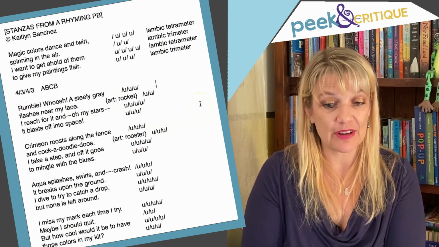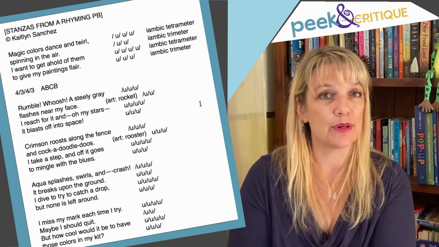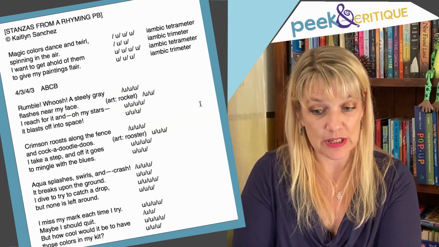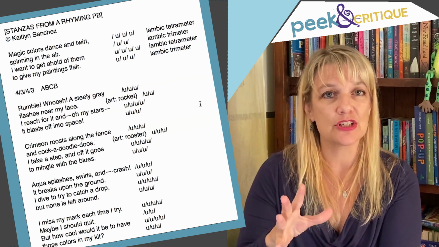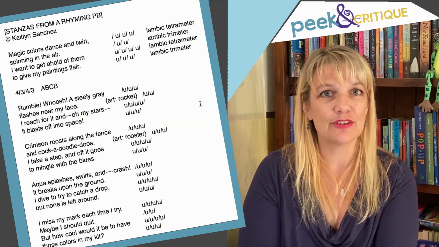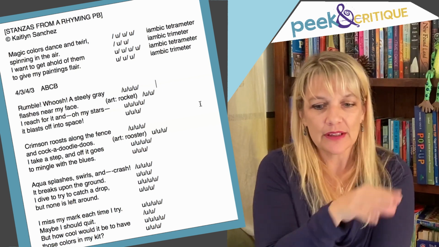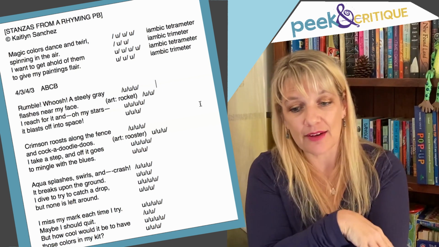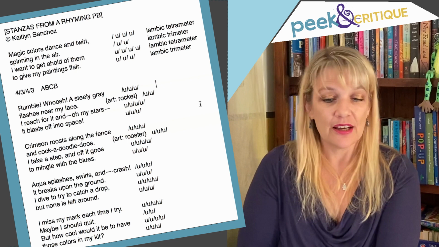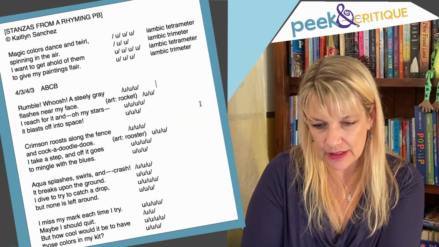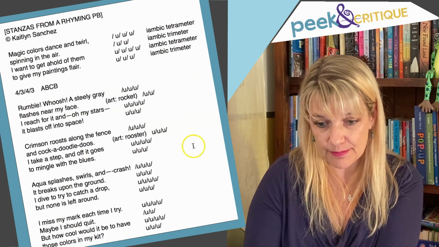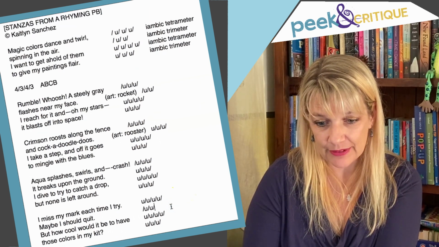Flashes near my face. This line also begins with a stressed beat. And flashing again, it's a quick action. So I like that there's not some little unstressed beat that I have to get through to get to the flashing. It just works really well. The other moment I really like with the stressed beat is, maybe I should quit down here.